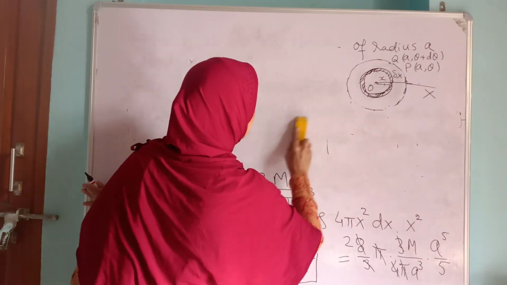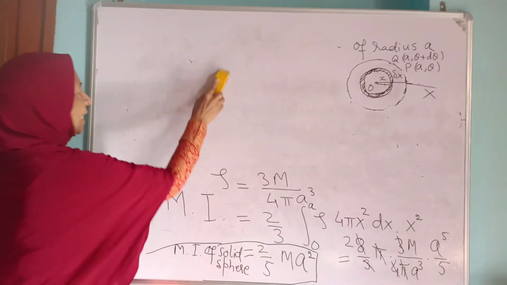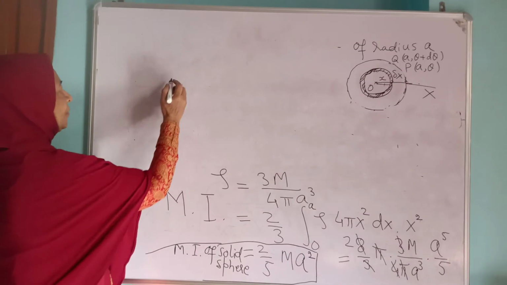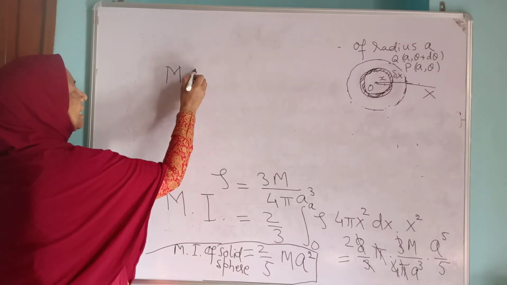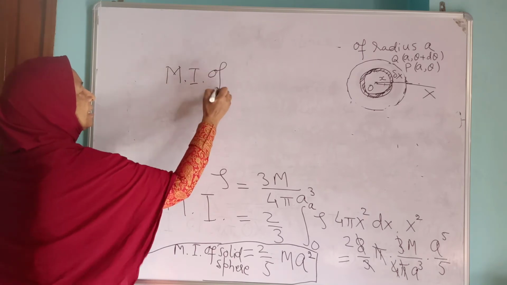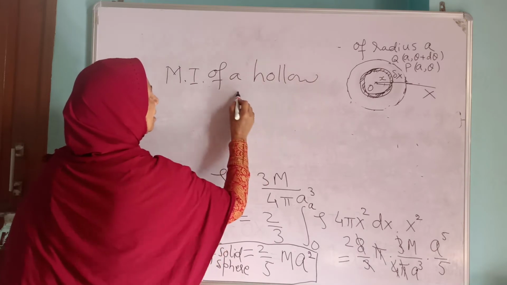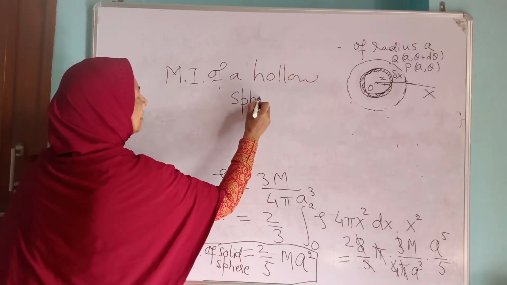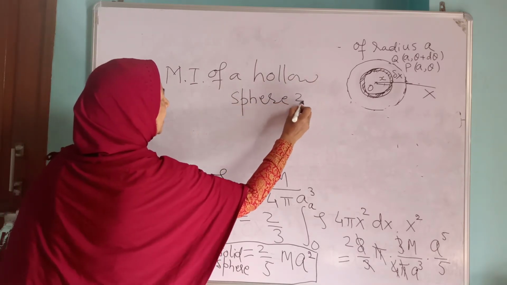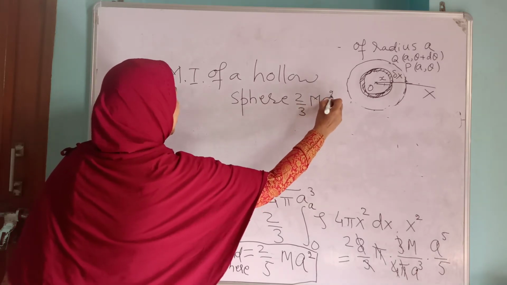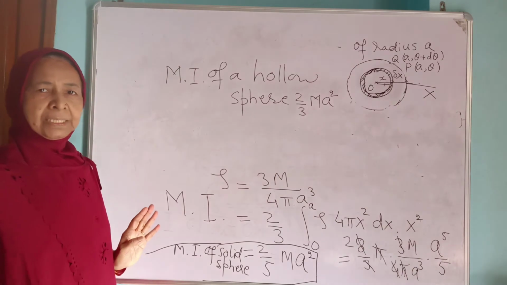Particularly in this case, you can observe that the moment of inertia of a hollow sphere is 2 by 3 ma square, where a is the radius and m is the mass.